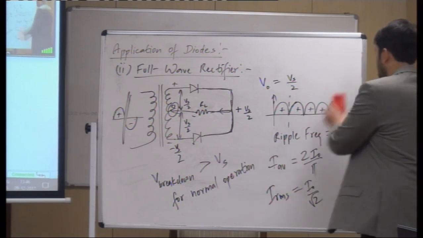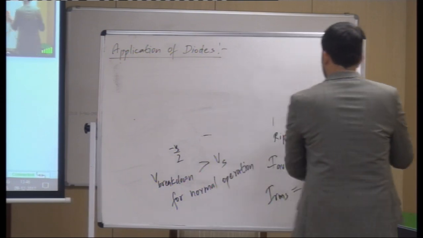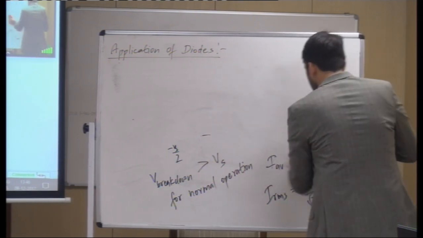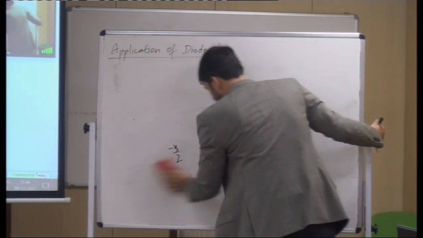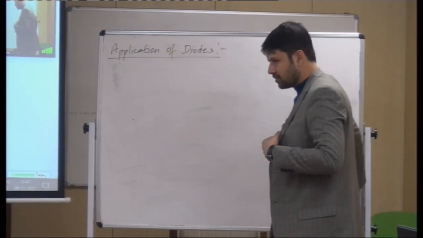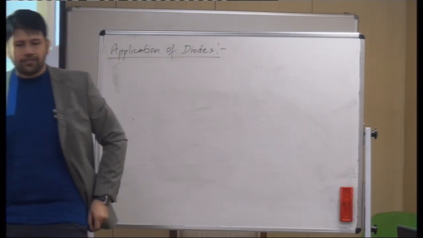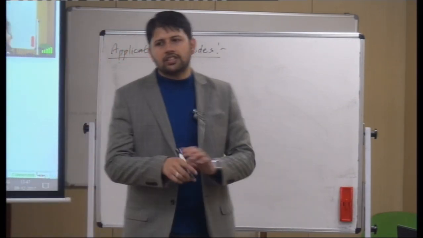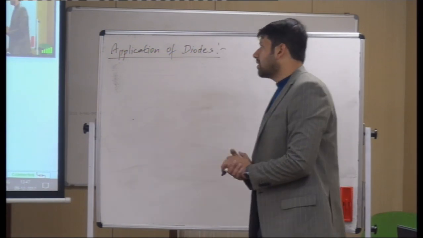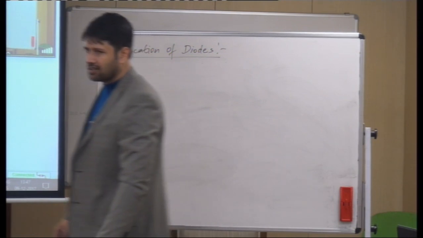And let's discuss what was the purpose of rectifier? Yeah, the purpose of rectifier was AC to DC conversion, right? But the problem, you understand the problem here? It's not pure DC you are getting.